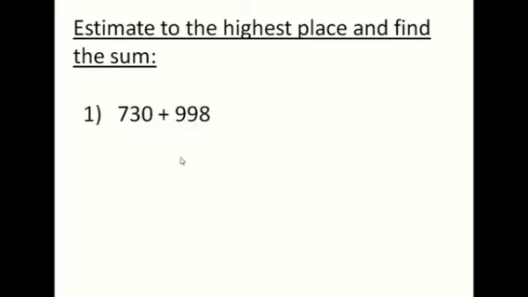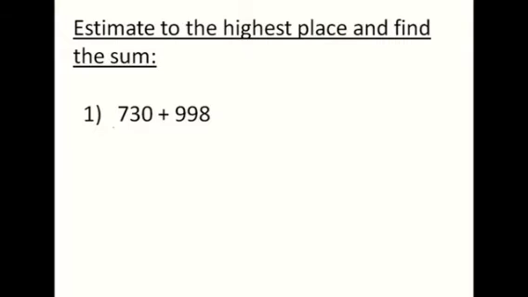After rounding off, we can find out the sum and that will be the estimated sum. Am I clear? Now look at this 730. As it is a 3-digit number, the highest place is the 100 place. 998, as it is a 3-digit number, 9 is in the 100 place. So we will round off both numbers to the nearest 100.